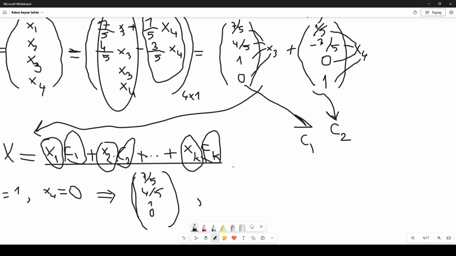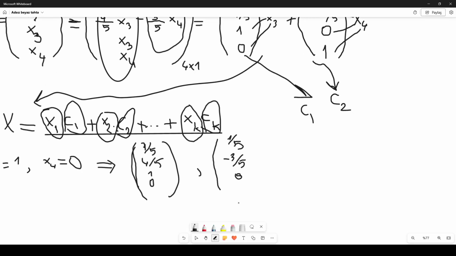This matrix is also a particular solution, which means 1 over 5, minus 3 over 5, 0 and 1 is another solution.